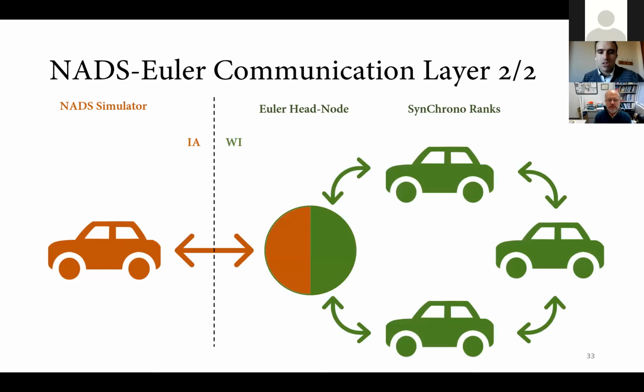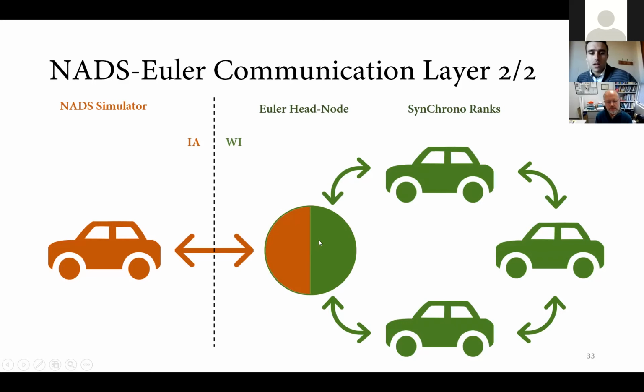So this is a representation of how things work from our perspective. We have a head node that acts as a fake Synchrono rank, and a bunch of other proper Synchrono ranks that might run on my workstation, or better, that's what we did, on Euler workstations. They communicate their state to each other, and most importantly, the Synchrono rank on the Euler head node does not simulate anything, but it keeps track of the state of all the agents simulated on the Euler compute nodes.